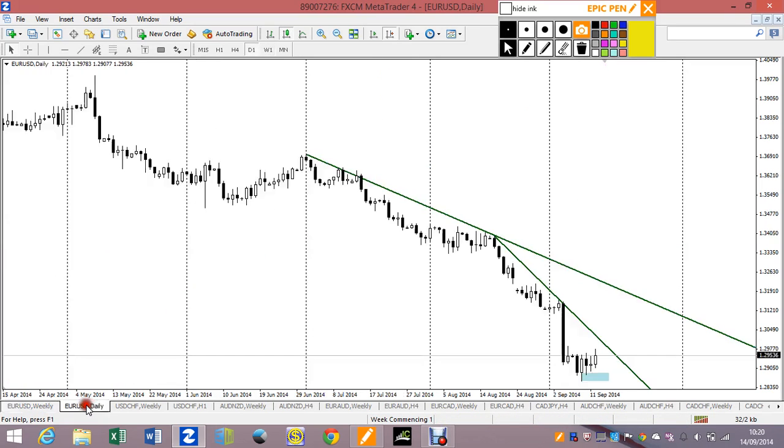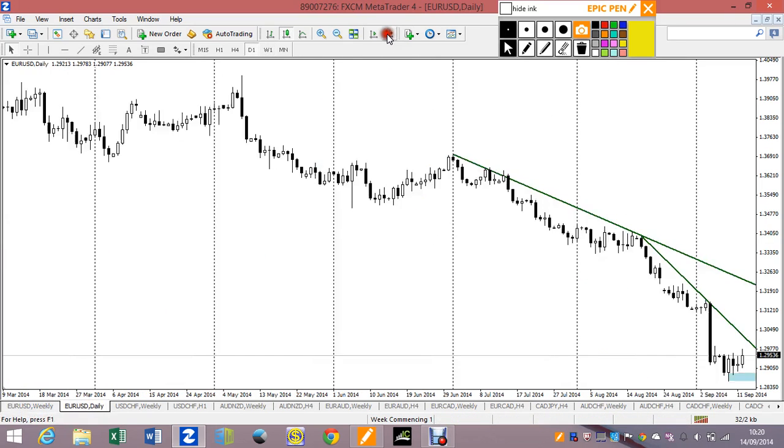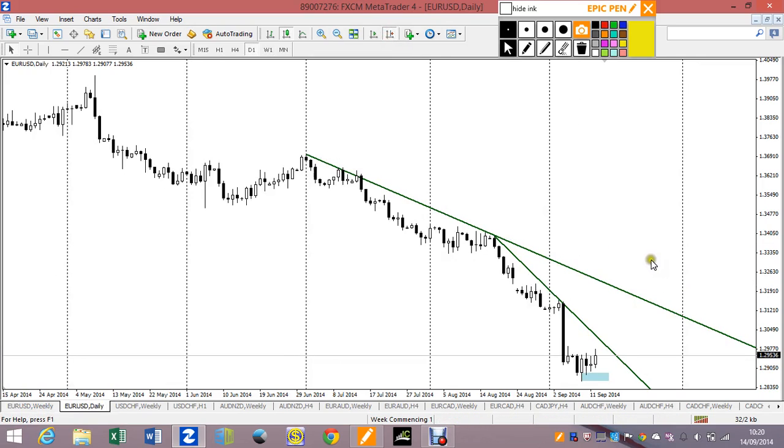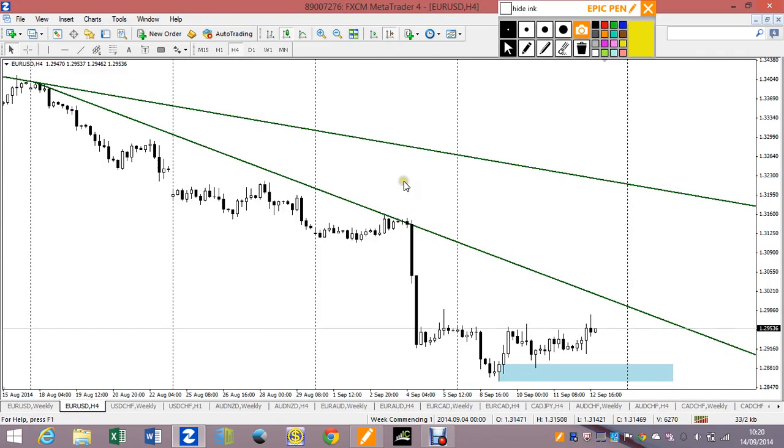If we look at the daily chart, a couple of descending trend lines that we could look at, down to 4 hour. The zone at the bottom is where the end of the downtrend started, in this blue zone here.